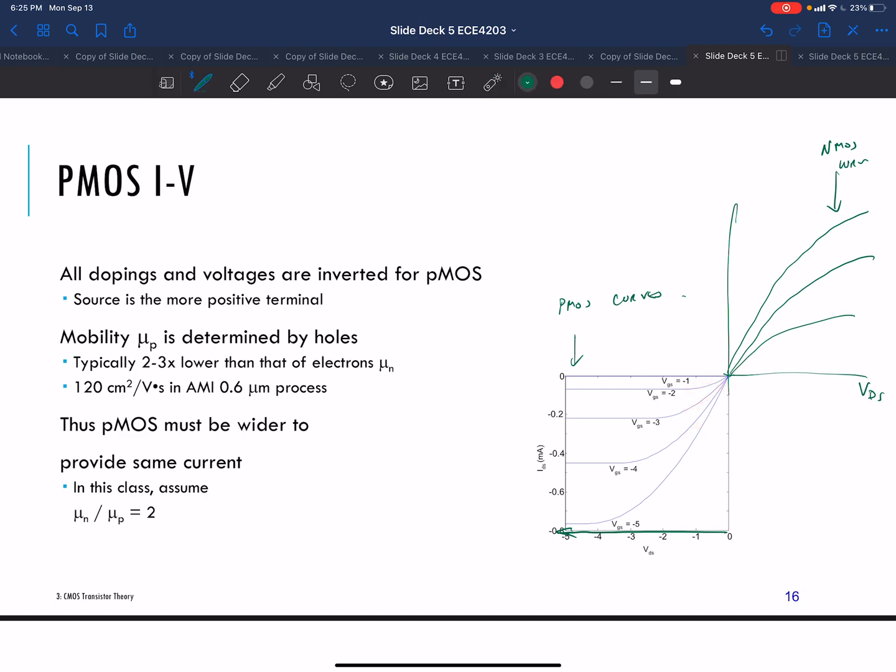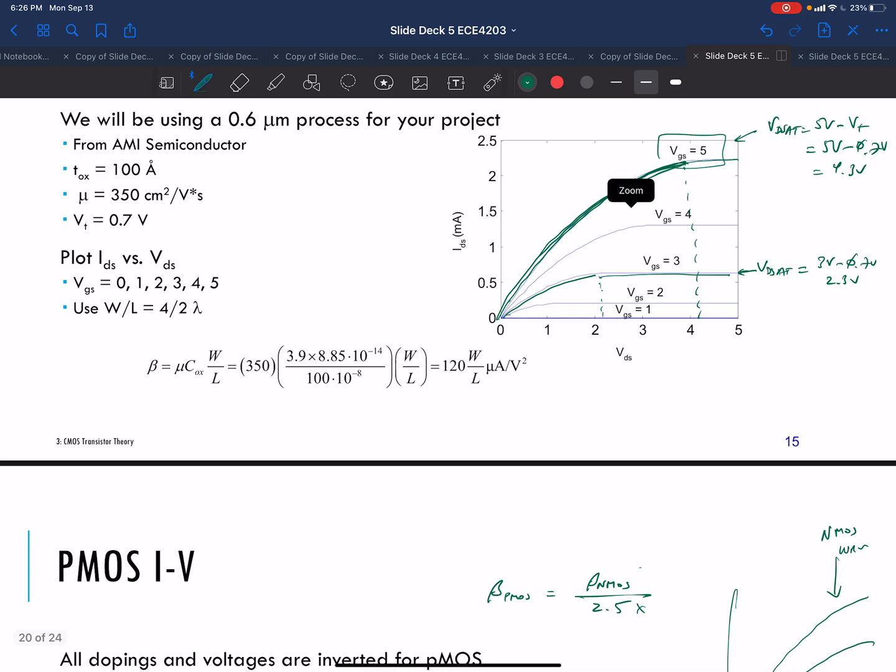Second thing to remember is that, as I mentioned, the mobility of PMOS is usually 2 to 3x lower than NMOS, which means that beta of a PMOS is beta of NMOS over 2, or let's say 2.5x. That means if you wanted a PMOSFET to have the same current as an NMOSFET, you would need to make the one control you have over the beta.